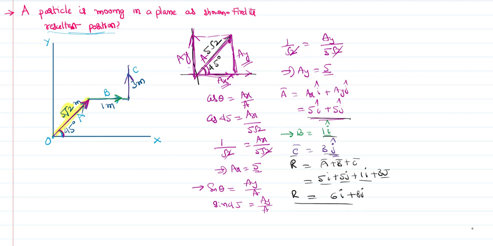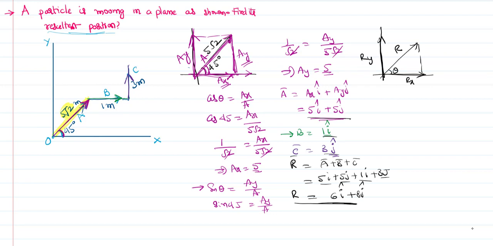That's what your resultant answer is: R bar equal to 6i cap plus 8j cap. If you want to draw the resultant vector, this is what your R is, making some angle theta with the x-axis. This part becomes Rx, and this part becomes Ry.